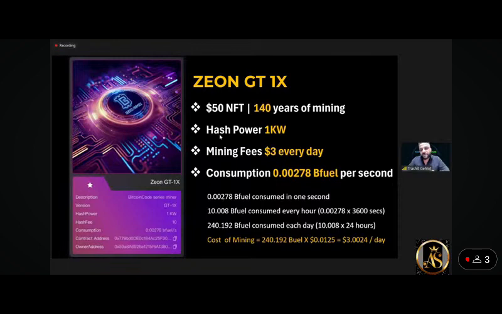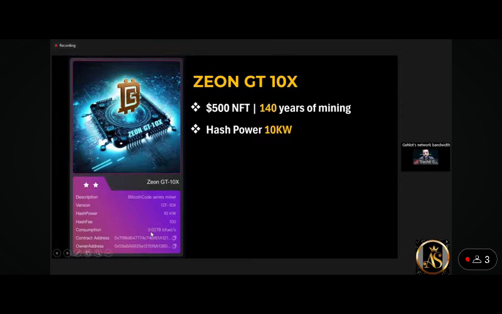But they also give us leverage in terms of hash power, right? So hash power determines the rate at which we will claim from the daily supply, and the consumption rate will determine the cost of mining incurred to us every day. Similarly, for 10x, the hash power is 10 kilowatts and the consumption rate is 0.0278.